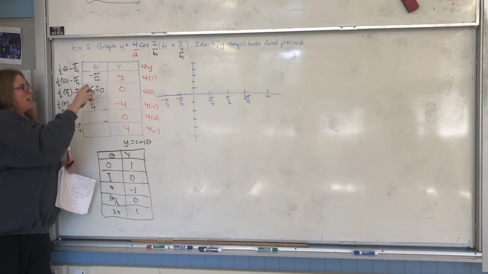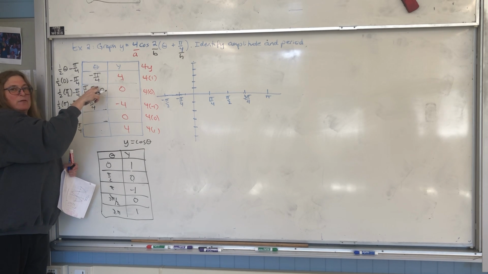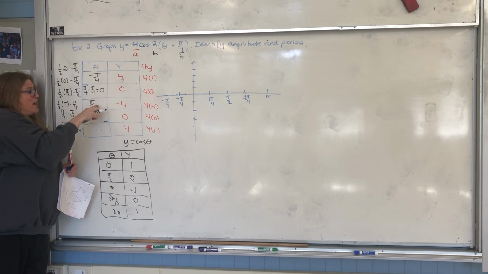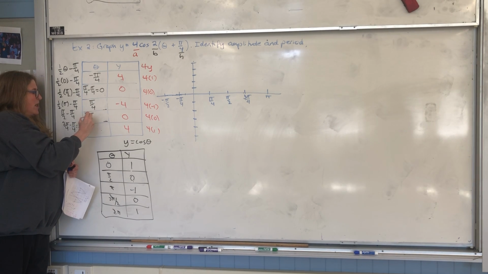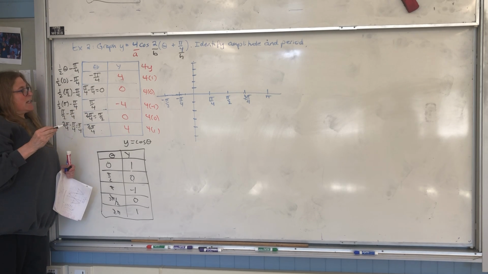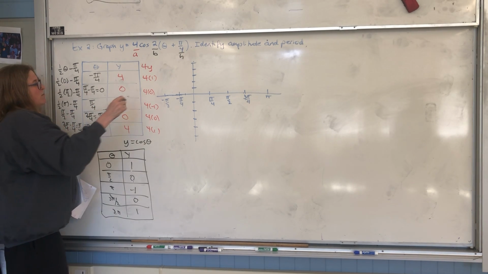Can anyone see the pattern? I'm going from negative pi over 4 to 0, 0 to pi over 4. What do you think comes next? Well, it's going up by pi over 4. Now I can reduce this one to pi over 2, right? So once I do the first 3, I can usually tell. So let's graph this.